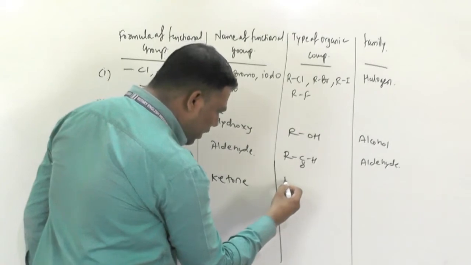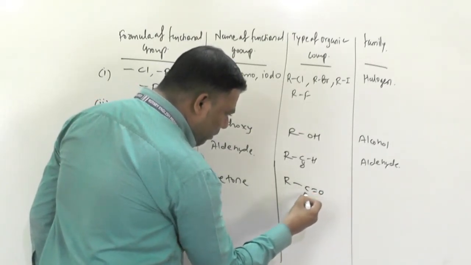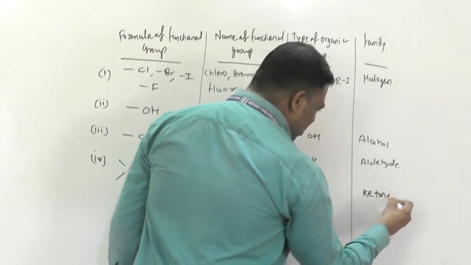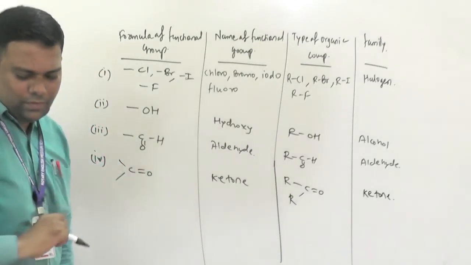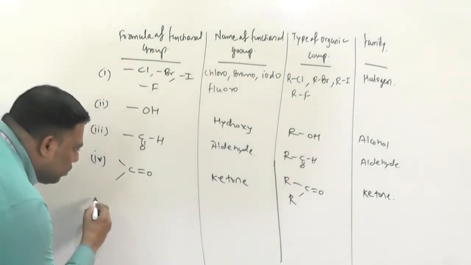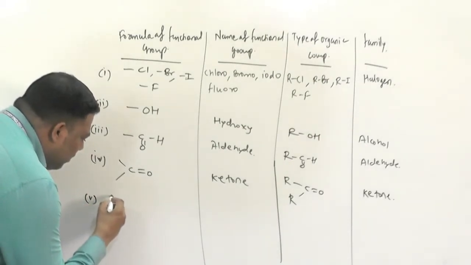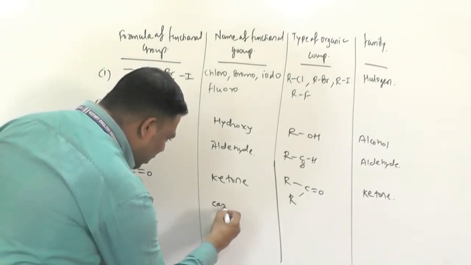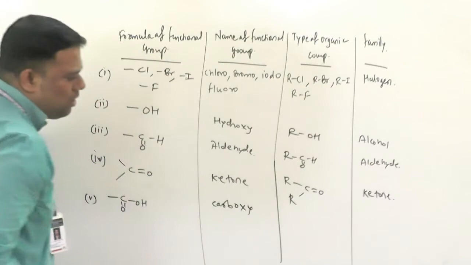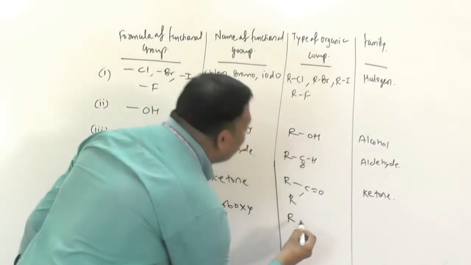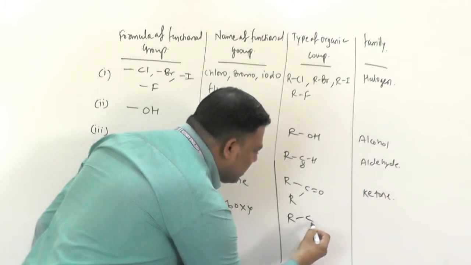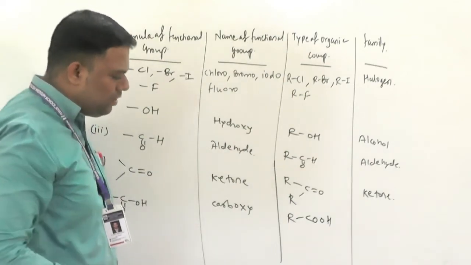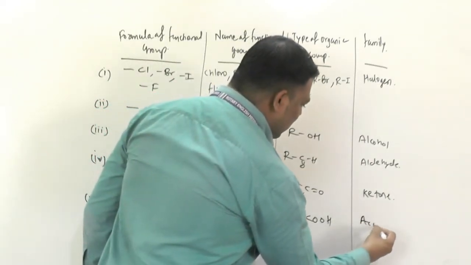Type of organic compound, we write C double bond O with R on both sides, and the family is also ketone. Then the fifth: the bond C double bond OH. We call it carboxy, and you can write it like this or C double bond OH. Here the family is acid.